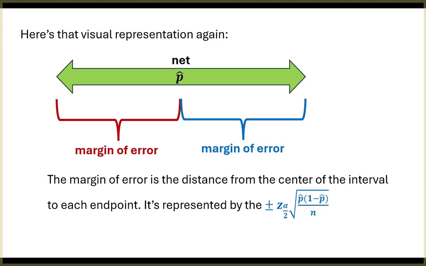Now, we didn't really bring up a whole lot about margin of error. And notice we've got a margin of error on either side of p hat. That's what makes up our net. Those two sides are equal. So if I've got 3% margin of error on the left, I've got 3% margin of error on the right. It's symmetric.